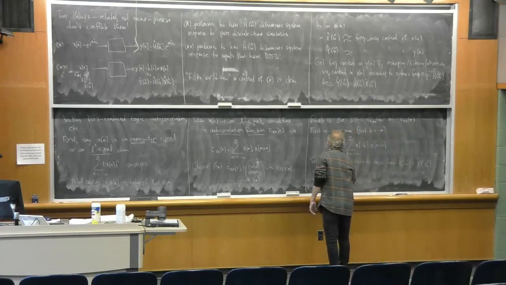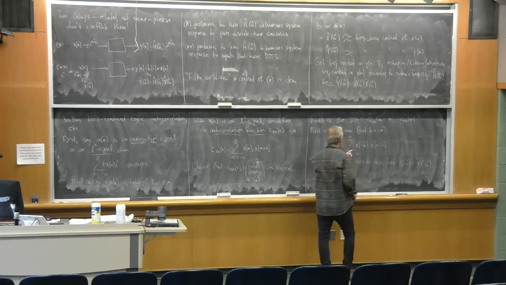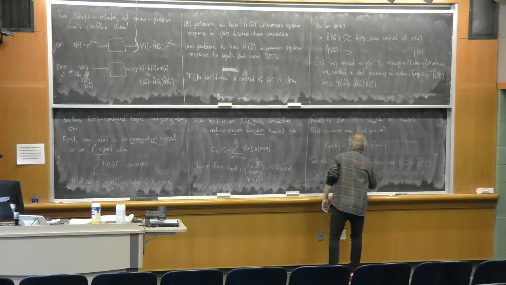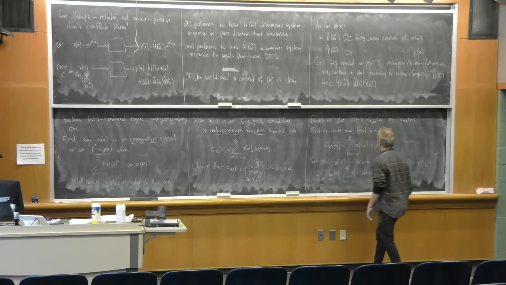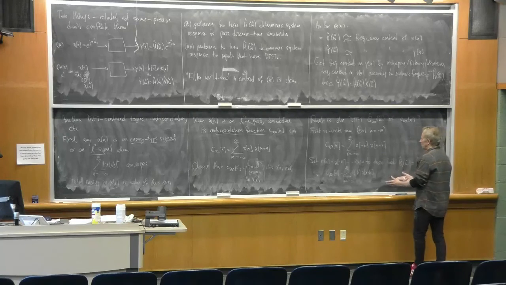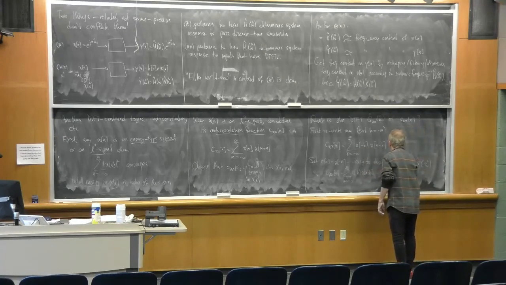We have Cxx of n is equal to the sum from k equals minus infinity to infinity of x of minus k. That's just r of minus k times, or r of k, I should say, times x of n minus k. Now we have an actual convolution here. r of k is x of minus k. This is the same as r of n convolved with x of n.